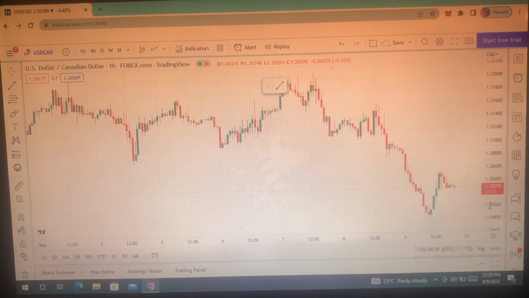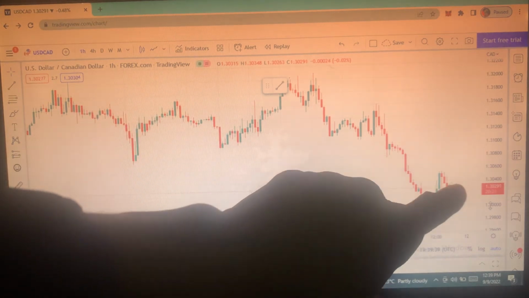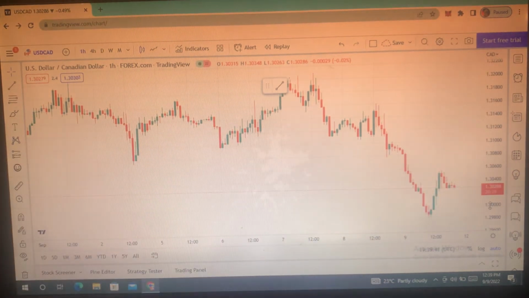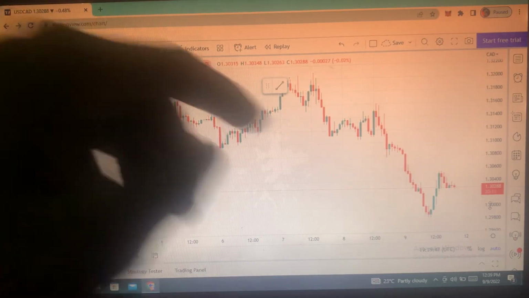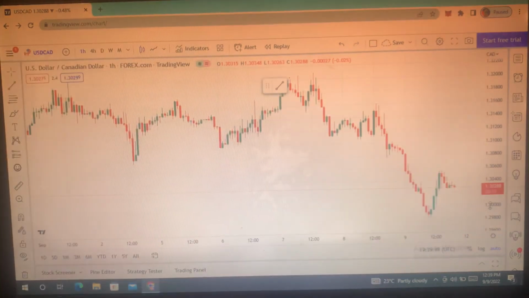These candles are moving with time, what is happening in the world today. So this represents each candle. I hope you understand. So this market is at 1.30288, and we have about 20 minutes and some seconds left for that candle to close.